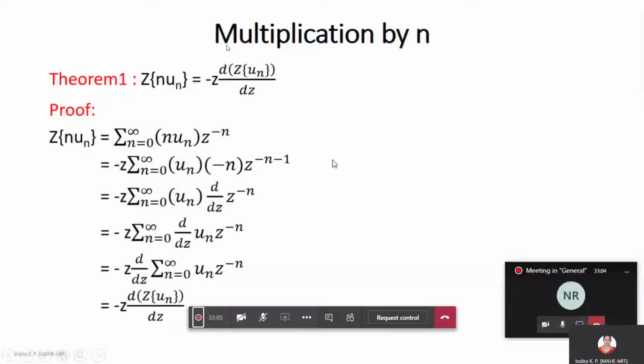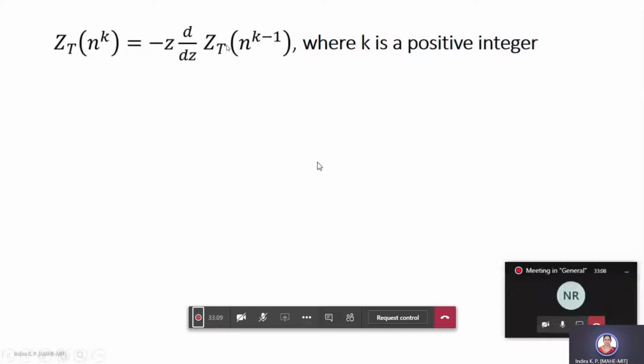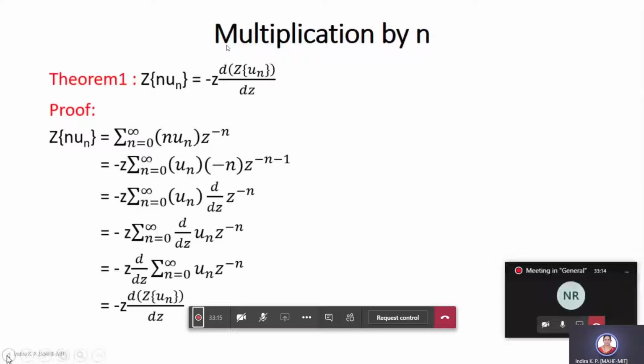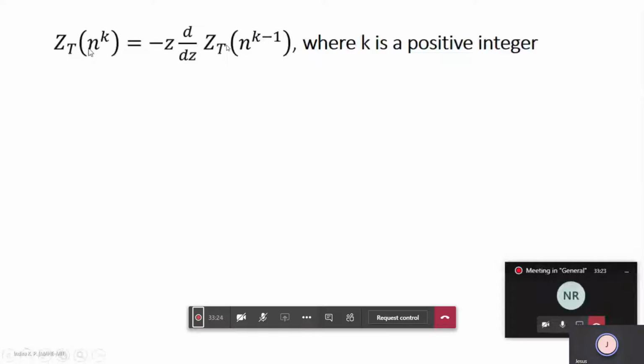I hope you are done with this. Let's go for certain examples. Before that, I can say that in the place of u_n, if I use n power k, I can take this as the transform of n power k is minus z d by dz of the transform of n power k minus 1.